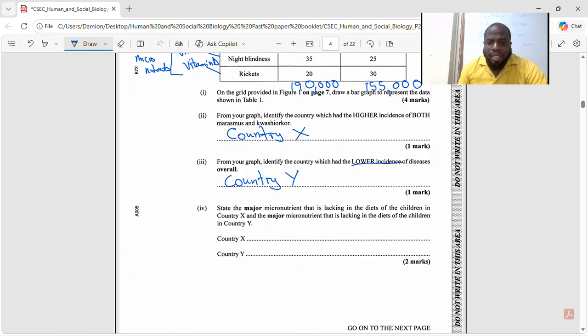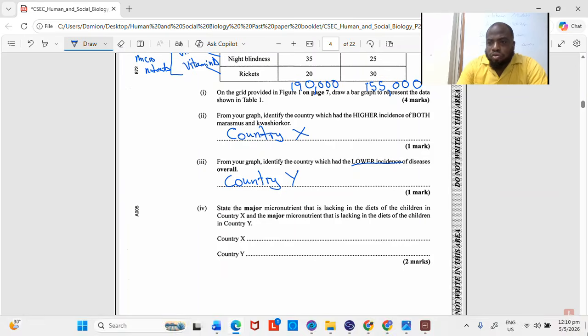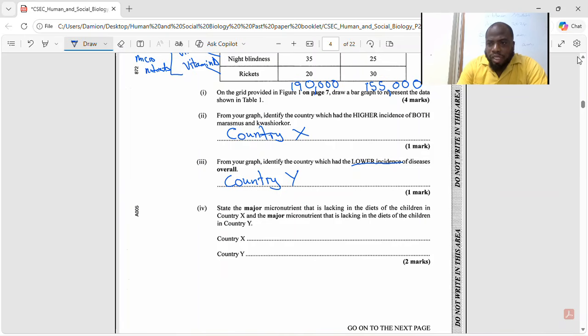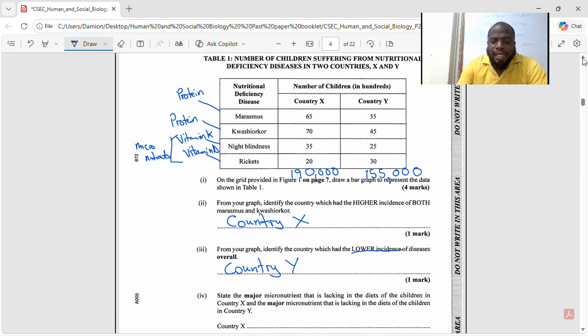That is lacking in the diets of the children in country X, and the major micronutrient that is lacking in the diets of the children in country Y. So for country Y, what you're now asked to do is to examine, and we said that night blindness and rickets are the two diseases in question that are associated with the micronutrients.